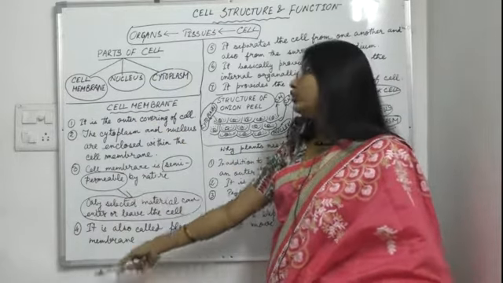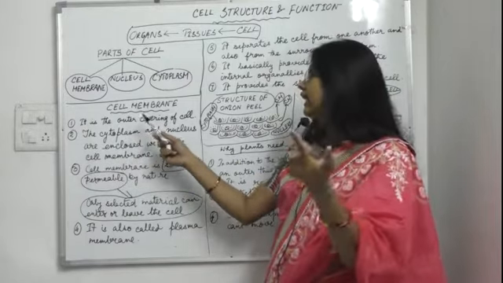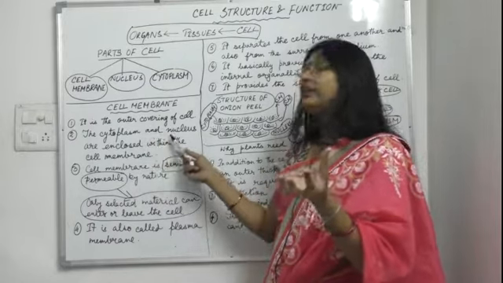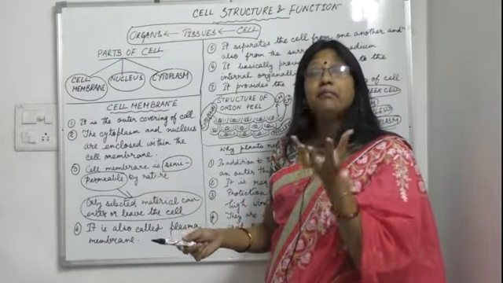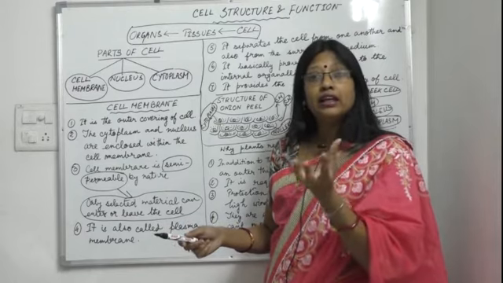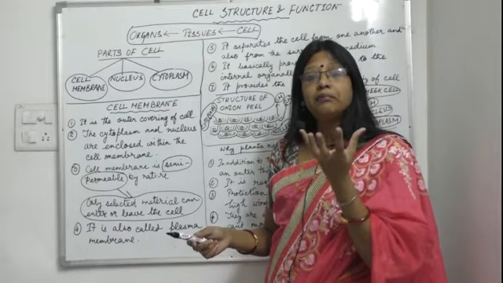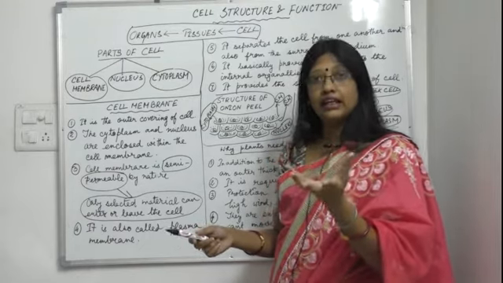As I told you, the first point is it is the outer covering of the cell. Second, it encloses the cytoplasm and nucleus inside it. Third, it is a semi-permeable membrane. That means it allows only some selected materials to enter and to leave the cell.